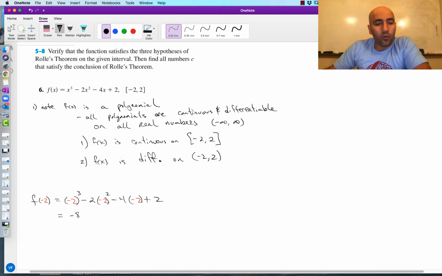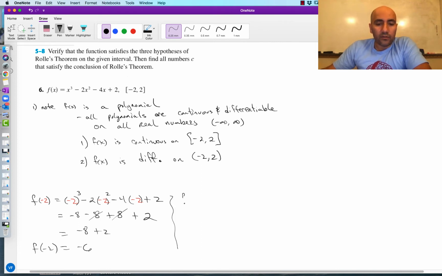That's going to be 4 times 2 makes it 8. That's going to be another -8. And then that's going to be +8 plus 2. So these two cancel out, and I end up with negative 8 plus 2, which gives me just negative 6. f of negative 2 equals negative 6.